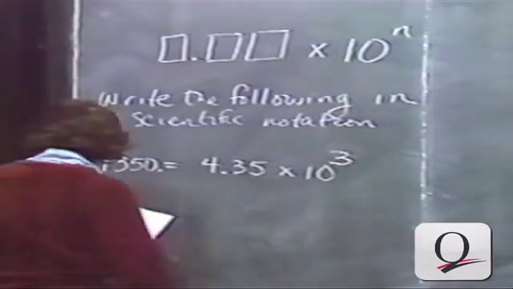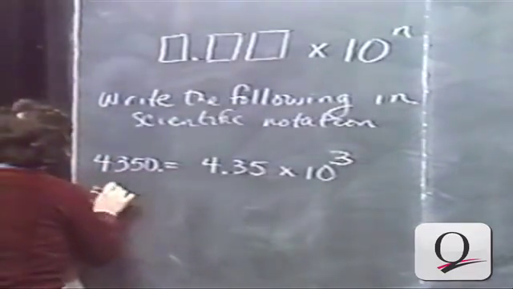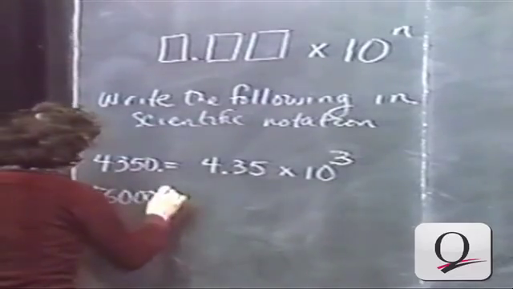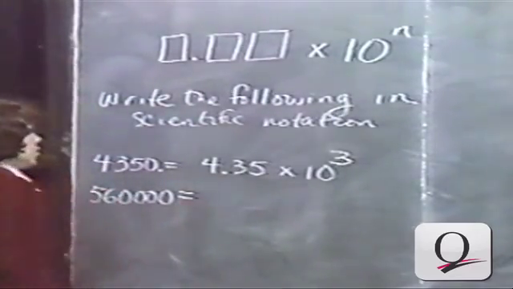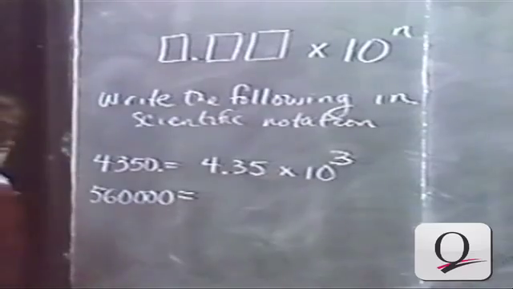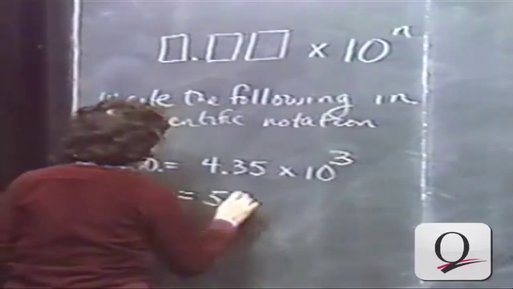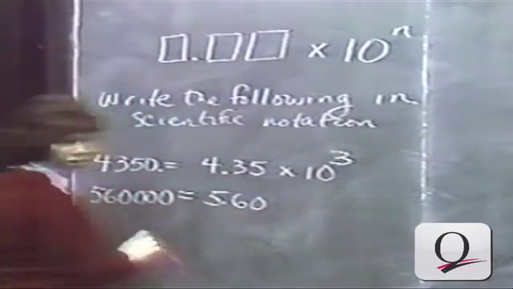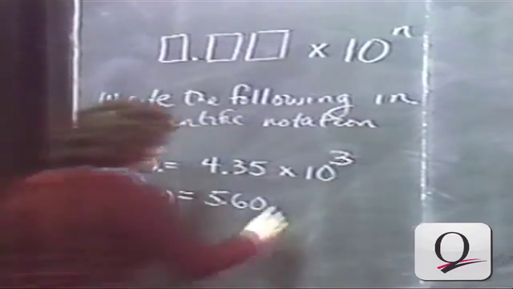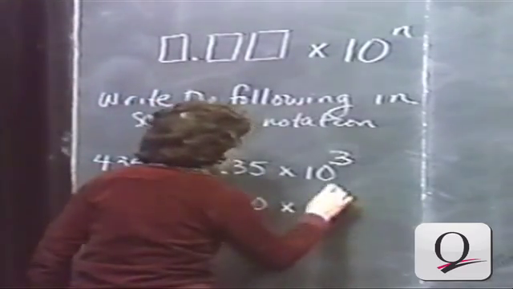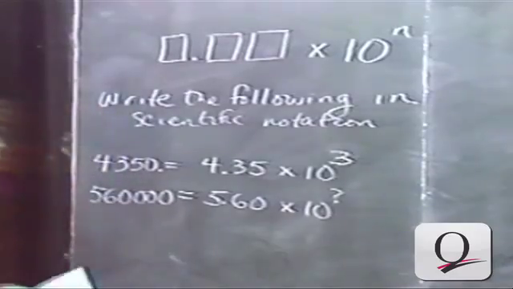Okay, let's try 560,000. We're going to write this in scientific notation as 5.6 or 5.60, it doesn't make a difference, times 10 to some power. We want to figure out that power.